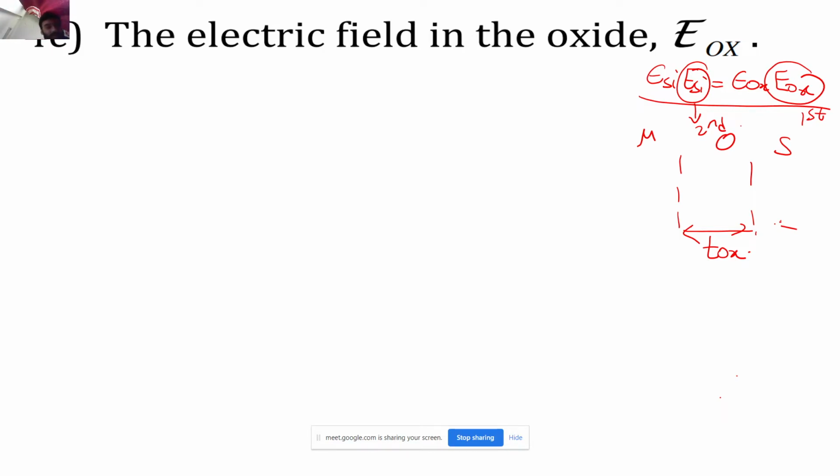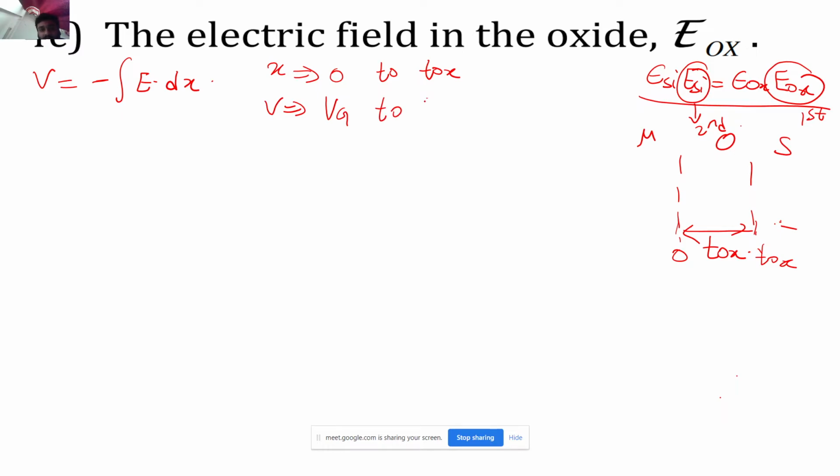This must be very clear to you that V is nothing but integration of minus E dx, correct? So if x is varying from, let's say this is 0 and this is TOX, my V will be varying from Vg to psi s.